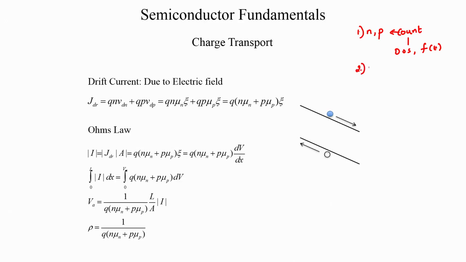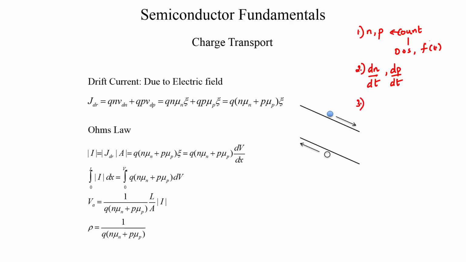Then in the generation recombination processes we saw how the dynamics of the electrons in the conduction band and the holes in the valence band is influenced by the various features. So now we are trying to establish the concepts of charge transport.